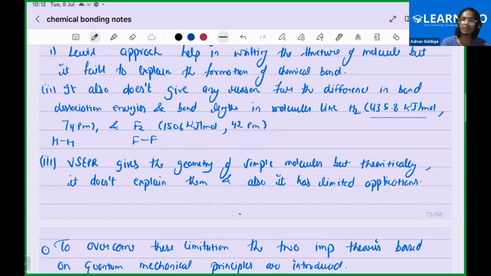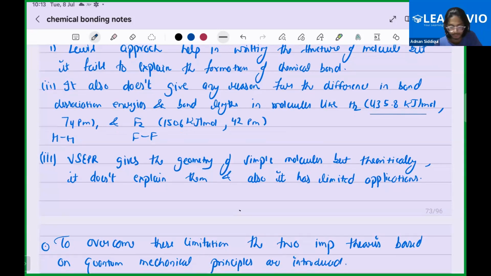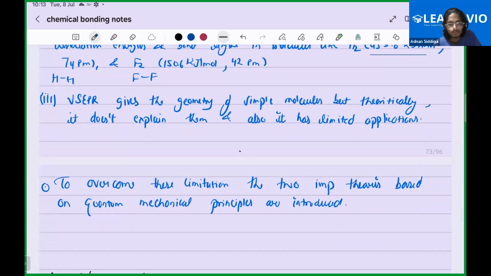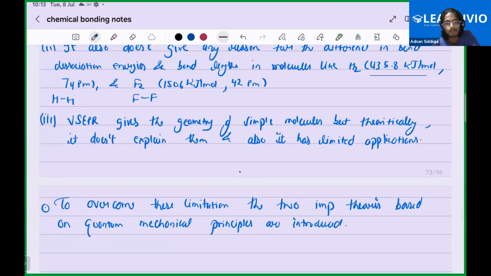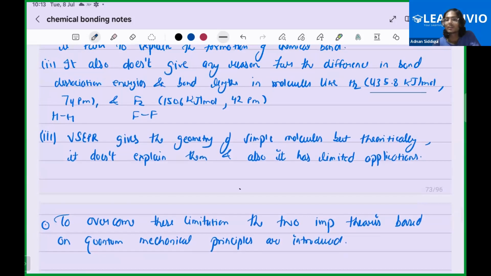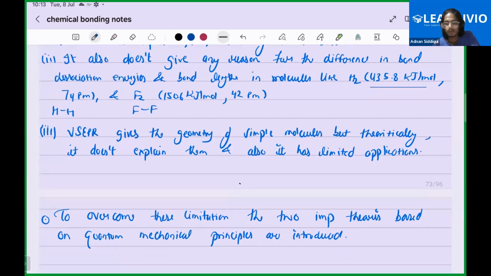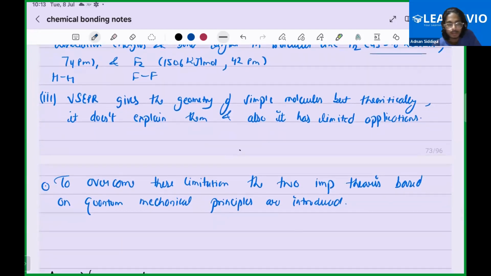But at his time, he was not able to see the reasons because he had limited knowledge. So Lewis didn't even know what it was? He knew it, but he was not able to apply it properly. Are you getting what I'm trying to say? Yeah, yeah. He was not able to apply it properly.